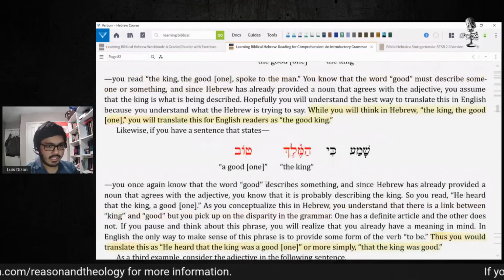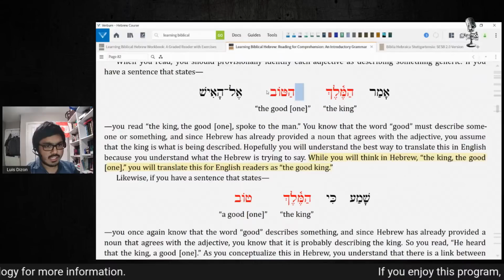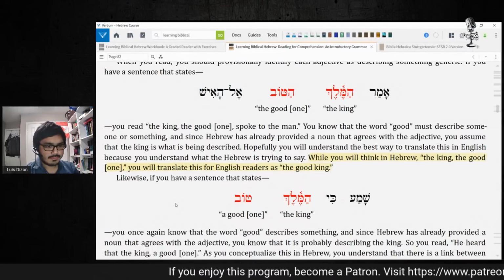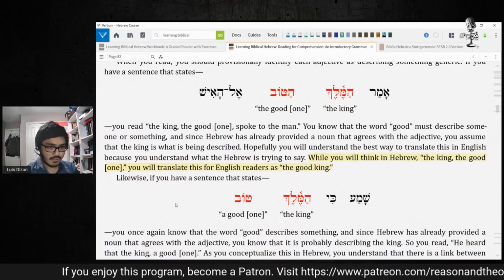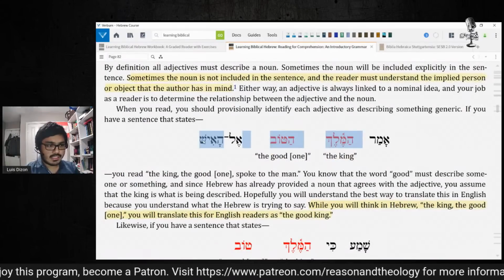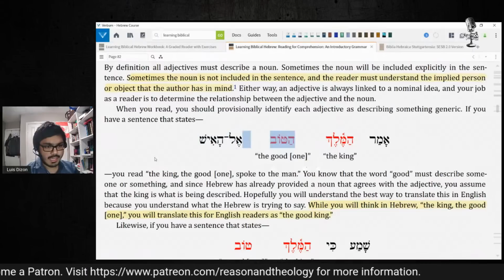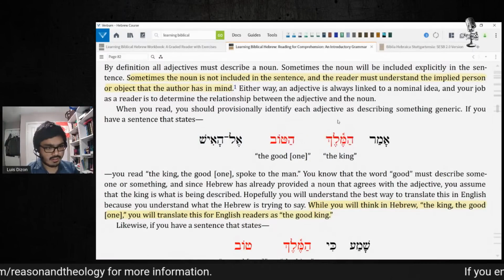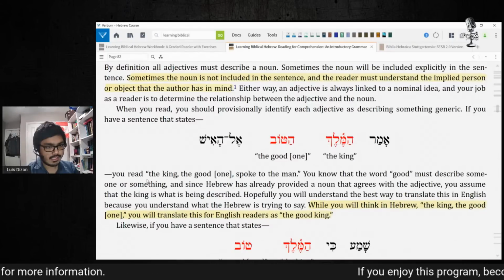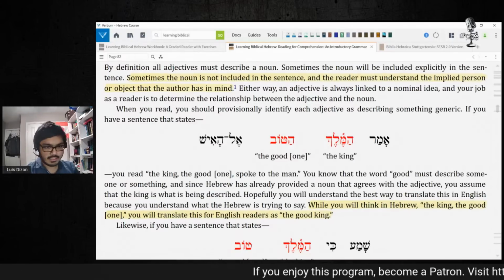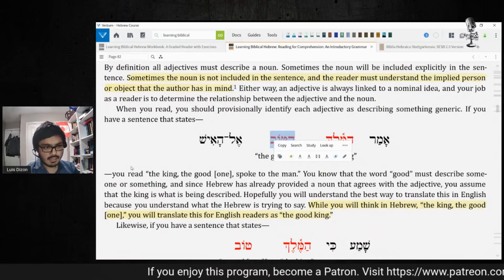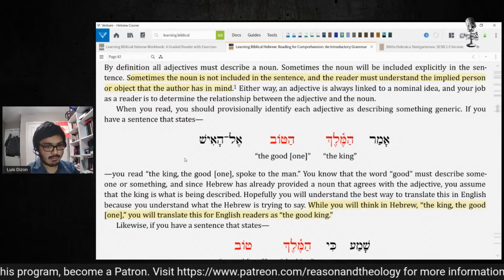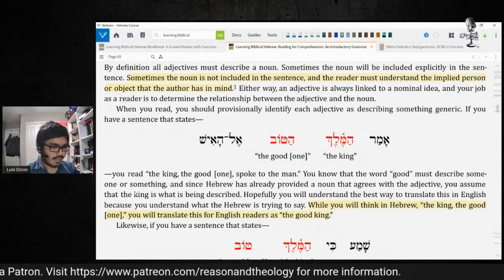Or in good idiomatic English, the good king said to the man. All right? So this is how an attributive adjective would look. If the noun that it is modifying has a definite article, it will have a definite article as well. If it doesn't have a definite article, it won't have one either. So if we say a good king said to the man, it would be Amar melech tov el ha'ish.